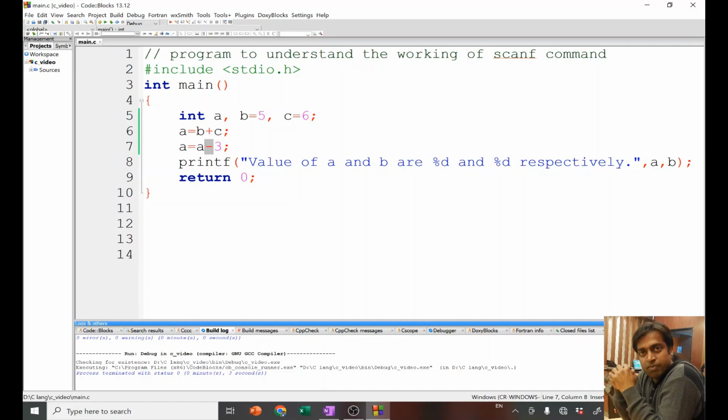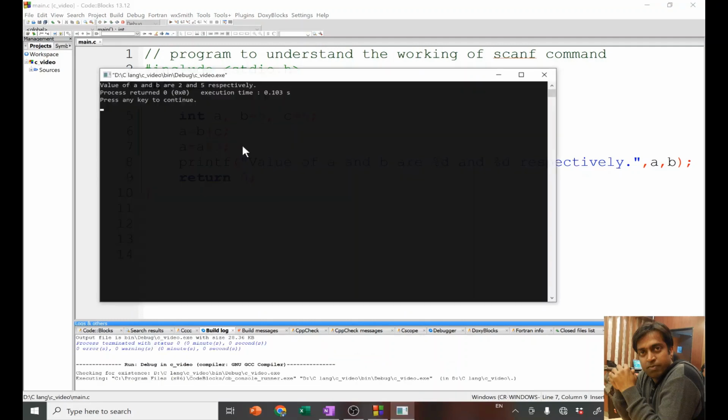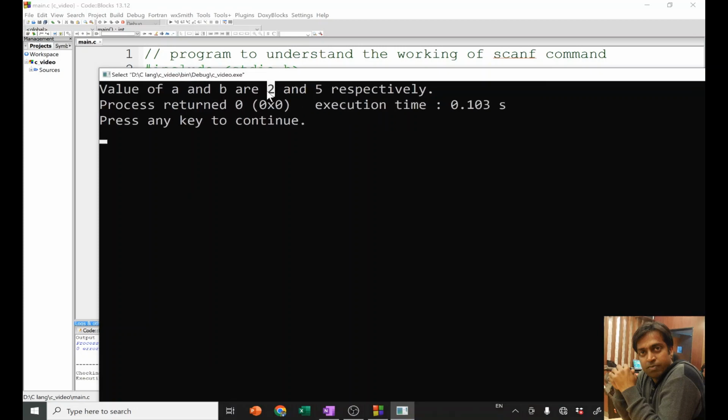If I use modulus, then 11 divided by 3, I write 11 percent 3, it gives me the remainder 2. If I now run this, you can see that the value of a is 2. So modulus gives me the remainder.